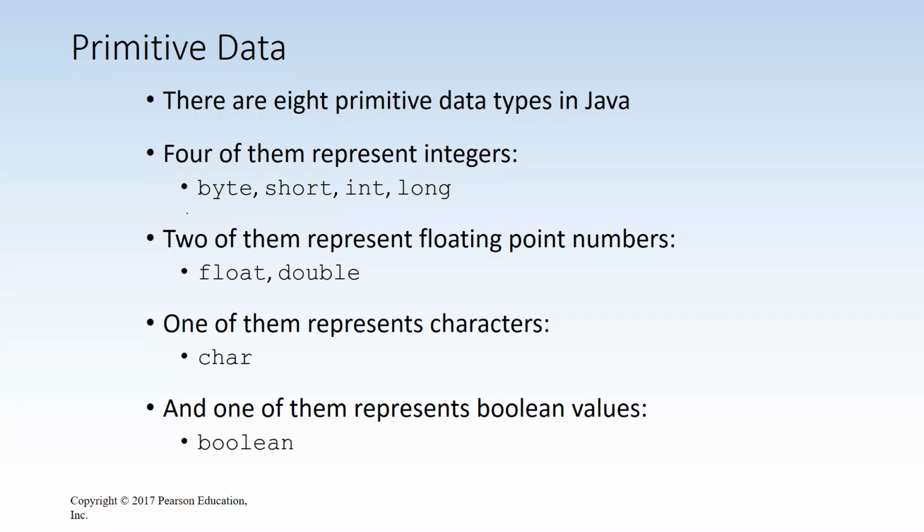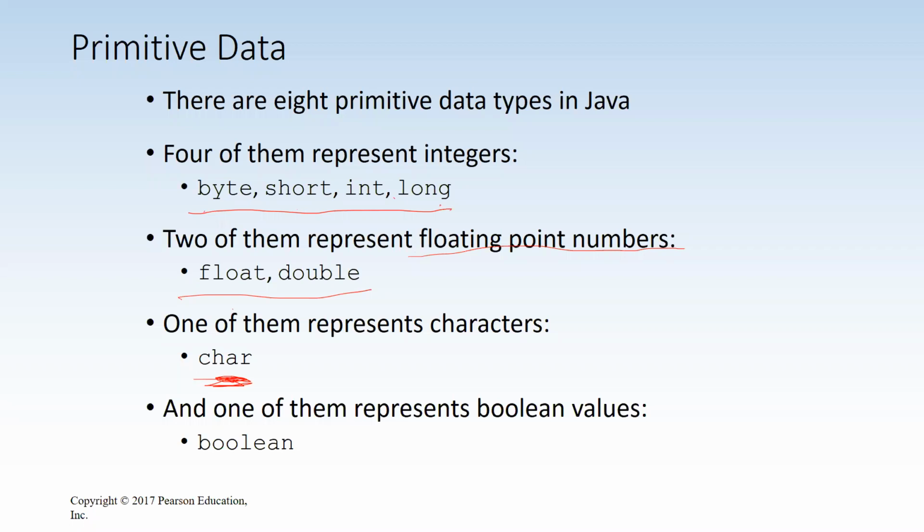For integers, we have 4 data types: byte, short, int, long. For floating point numbers, which are real numbers, decimal numbers, there are 2, float and double. One of them represents characters. This is different from Python. Python doesn't have this. If you remember, I always make that mistake of using a string.